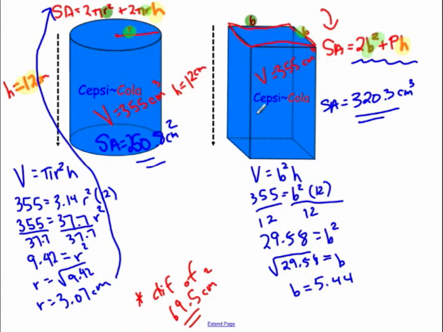That's making it a little bit too much. Actually, we'll make it 100,000 people each day in Canada drinking Pepsi. So how much surface area would they save if they went to a cylinder?